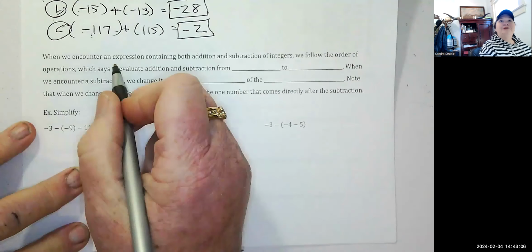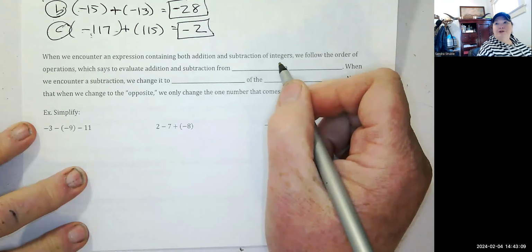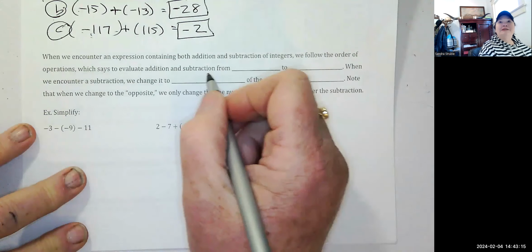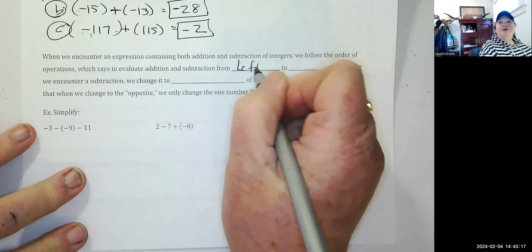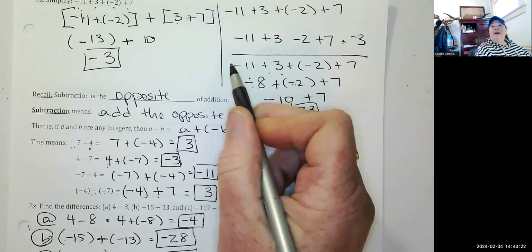I never like putting them in parentheses, but I'm starting to like putting them in parentheses, I have to say. When we encounter an expression containing both addition and subtraction of integers, we follow the order of operations, which says to evaluate addition and subtraction from left to right, which is what I did when I did mine up here.